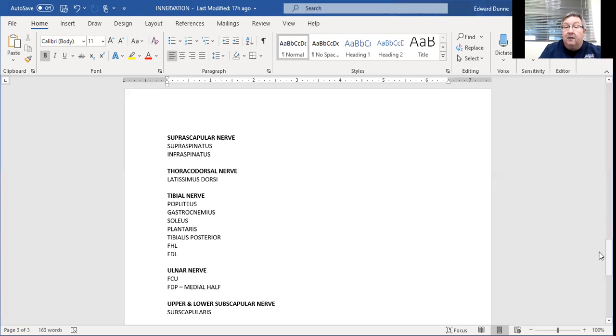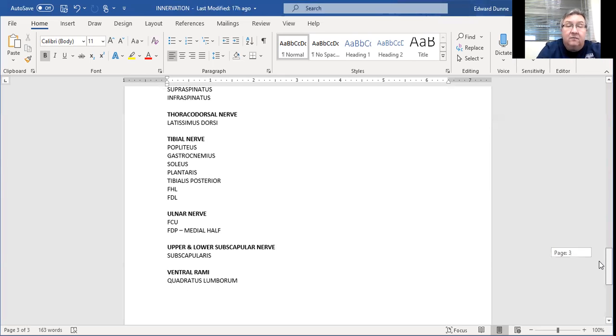If you think above the scapula, the muscle that is above the spine of the scapula is the supraspinatus. You just have to correlate that infraspinatus also is innervated by that nerve.